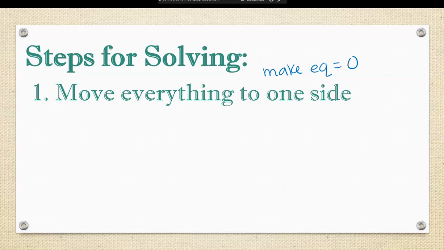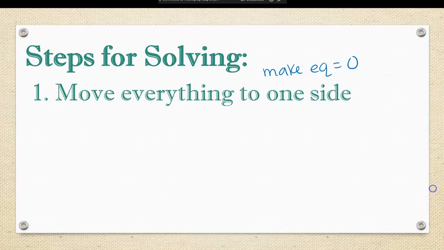Something with the graph. If we're solving for x, we're solving for the x-intercept. To make our equation equal to 0 means you're making the y equal to 0. If y is equal to 0, I'm on the x-axis. So that's why you make your equation equal to 0.